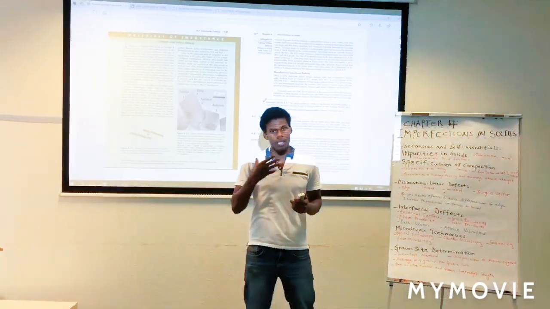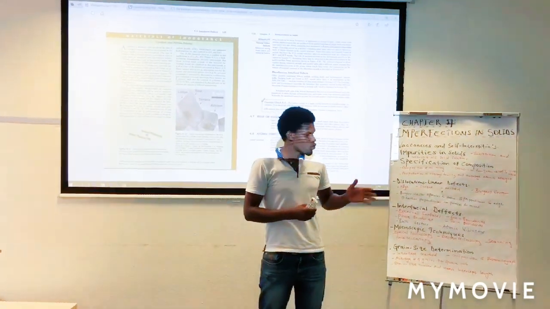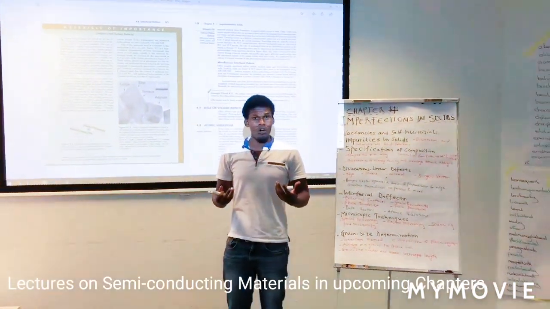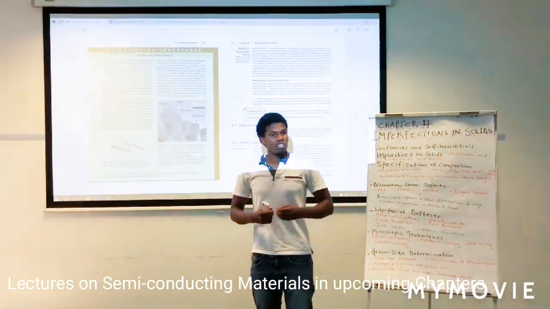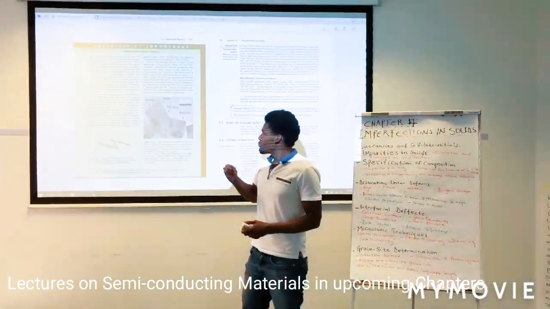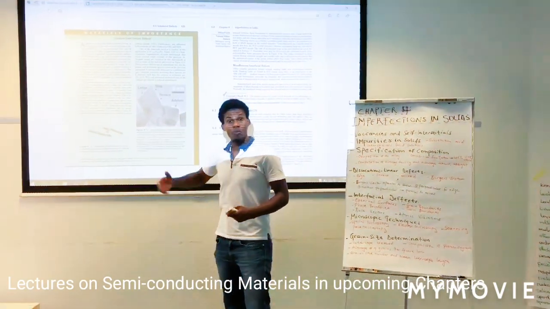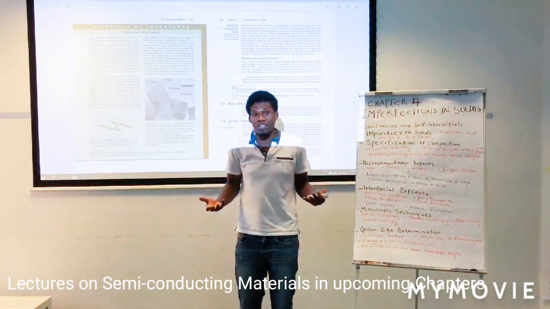So that's why it is important for us to study dislocations in materials, and also in our mobile phones and in computers. We use semiconducting materials, so it is important for us to understand the atomic structures and how they operate. We use mobile phones and computers in our everyday life.